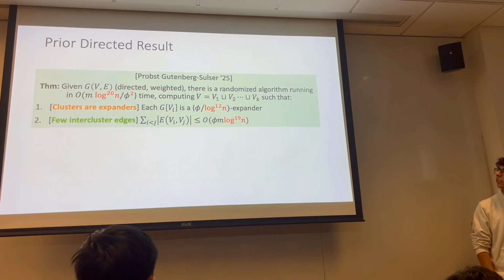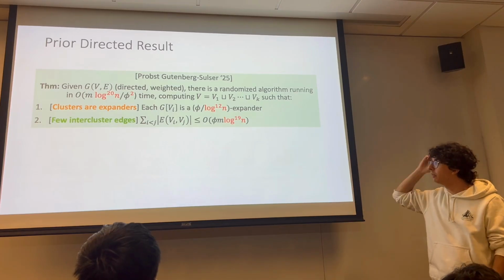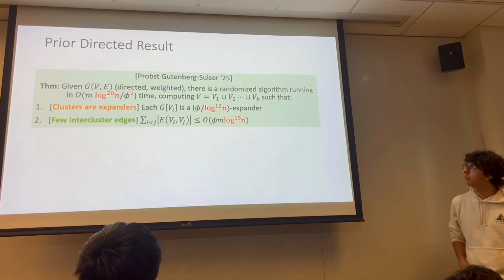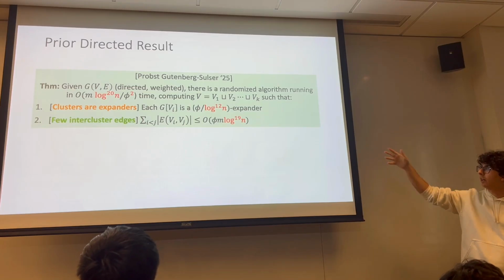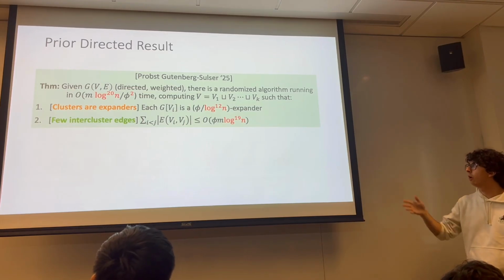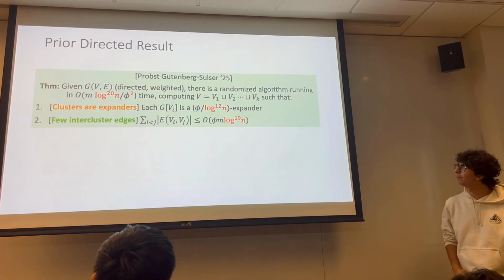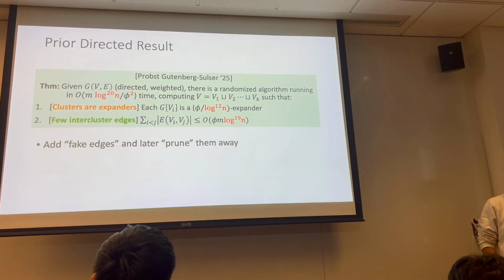The directed result is quite recent, but it is the precursor to our work, and it does quite well. You get near linear time, and you get only up to log factor loss in the expansion and the number of intercluster edges. This also works for weighted graphs.